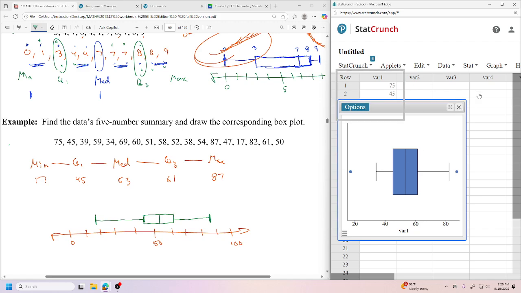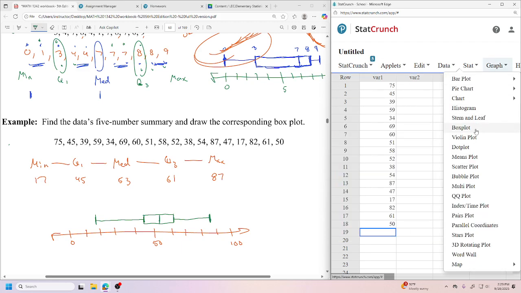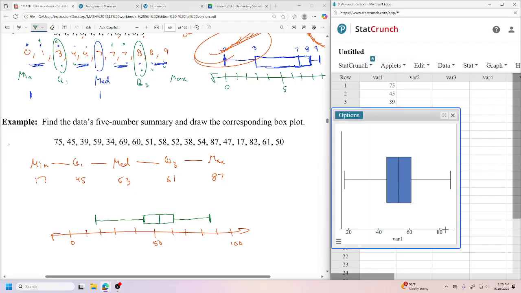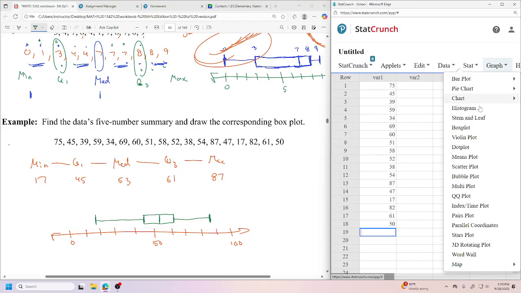Graph, box plot. And there might be another one, but look, use fences to identify outliers. You might be able to turn it off and turn this on. Is it going to give me some? Oh, look, now it's giving me the 17. So you can turn the outliers on and off. That might be a cool way to see the stuff from the last section where it talked about outliers.